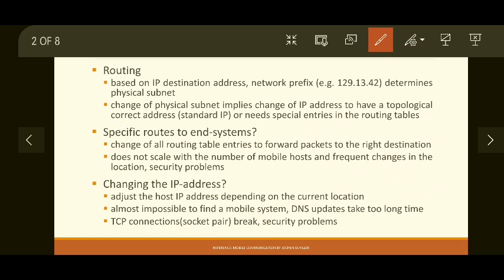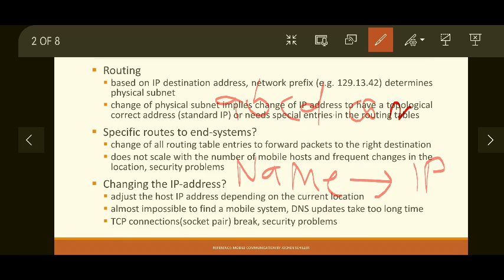All of us know what is DNS, domain name system, where a name is mapped to an IP address. For example, abcd.com is a name given to a certain IP address, for example 129.13.42.10.